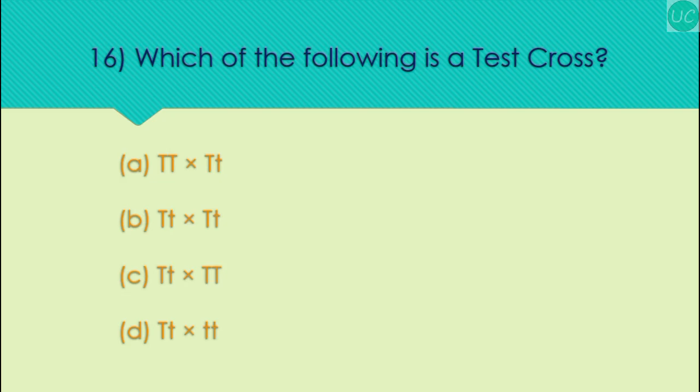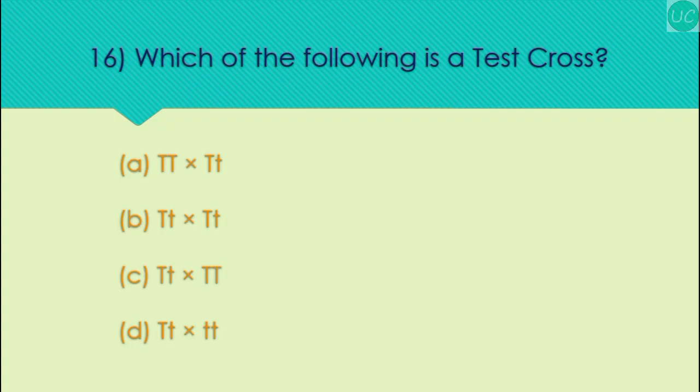Okay, our next question is, which of the following is a test cross? Now, in a test cross, an organism with a dominant phenotype but with an unknown genotype is crossed with a homozygous recessive genotype. And the purpose of a test cross is to determine whether the organism with the dominant phenotype is homozygous or heterozygous for a specific allele.